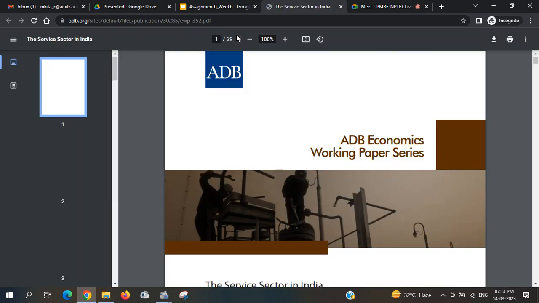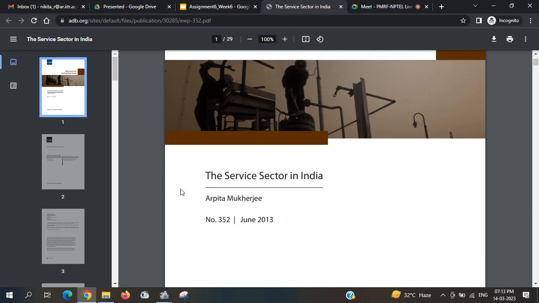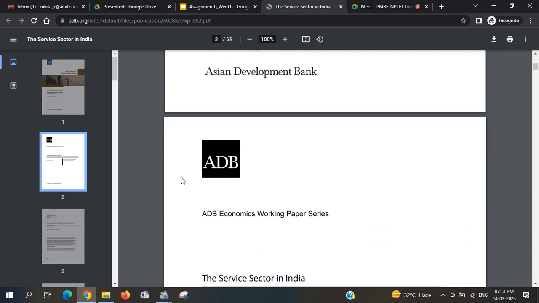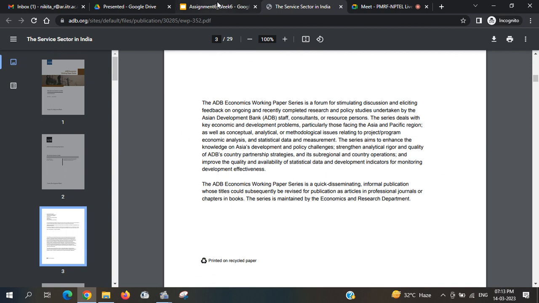This is actually a working paper prepared by the Asian Development Bank. This is a paper on the service sector in India, on how the service sector in India has progressed over time.